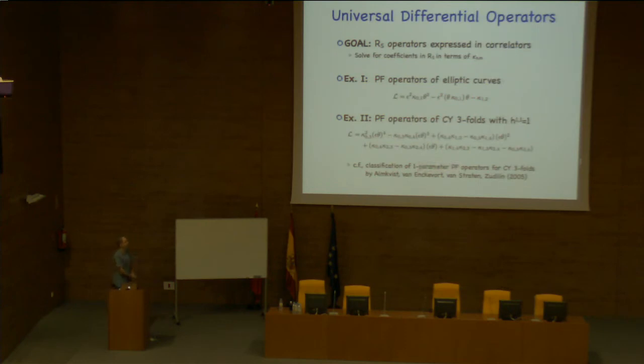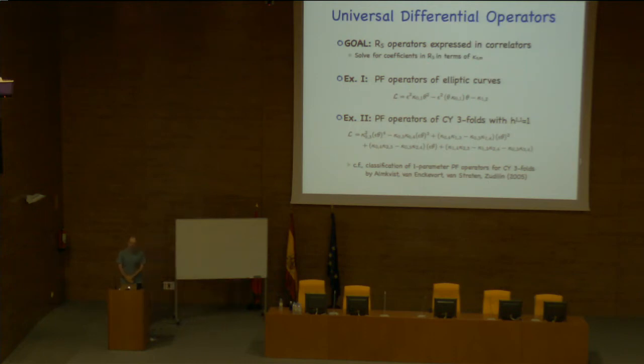Let me actually turn the logic a bit around. One other thing that you can do with these correlators is ask the following question: are there universal differential operators that you can assign to certain geometries? And the idea is to solve these relations that we have in terms of the correlation functions kappa and m.